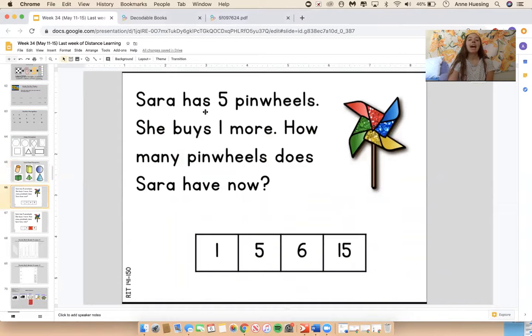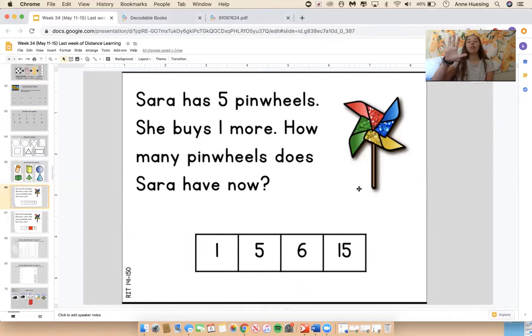Sarah has 5 pinwheels. This is a pinwheel right here, this colorful thing, that's called a pinwheel. So she has how many pinwheels? 5. She buys 1 more. How many pinwheels does Sarah have now? So she started with how many? 5. How many more did she buy? 1 more.